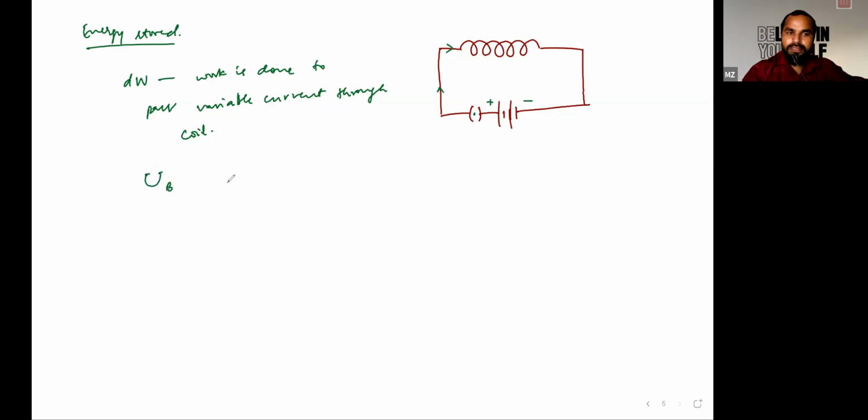And this potential energy would be in the form of magnetic, so it is called magnetic potential energy stored. Work done is nothing but voltage into current into time, so we can write EMF into current into time. On integrating, on putting the value of EMF as L di by dt and solving, we will get half L I squared.